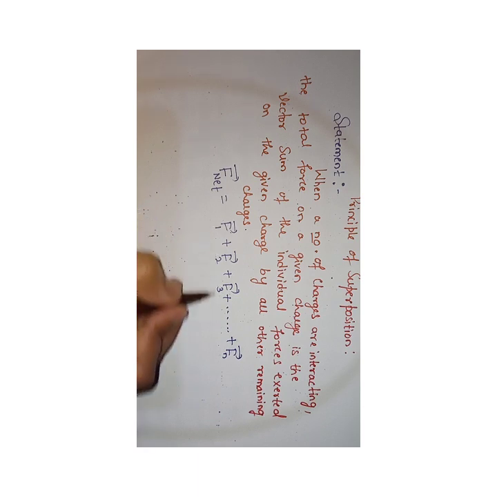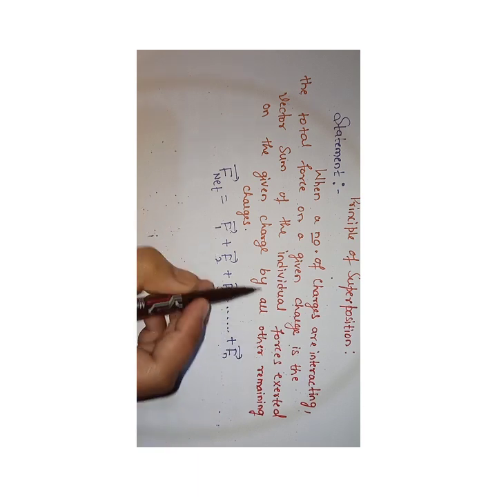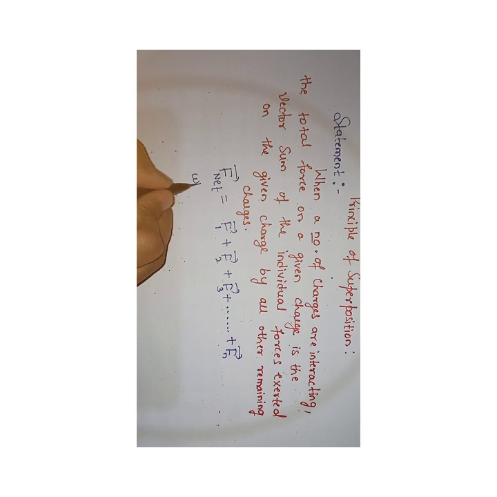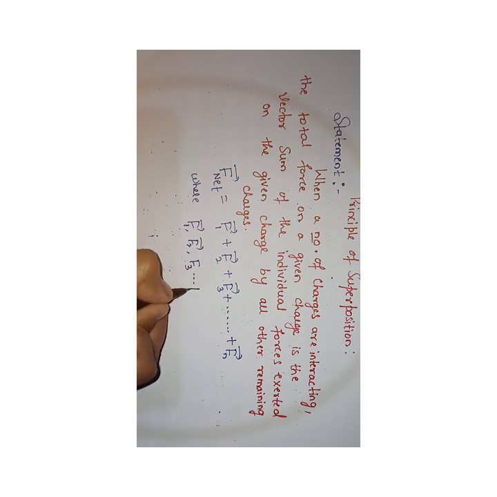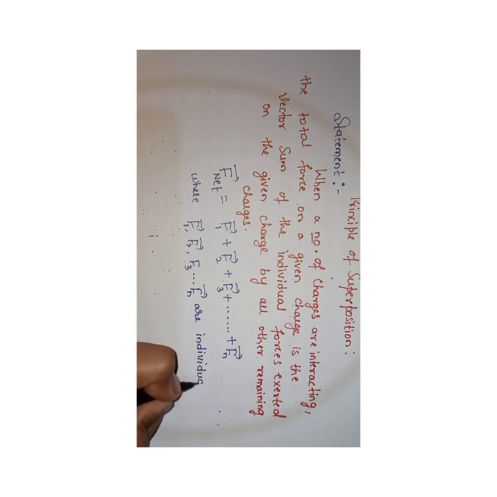So what are F1, F2, F3? They are the individual forces, where vector F1, F2, F3, so on up till Fn are individual forces acting on a given charge. What is F net?